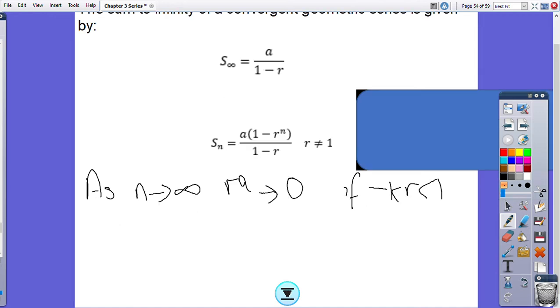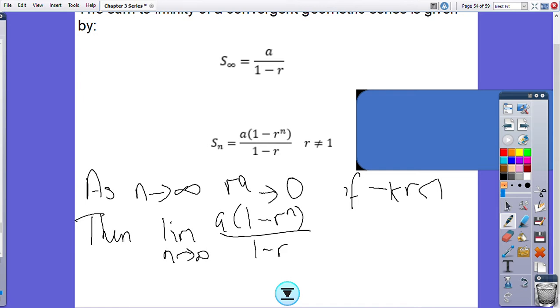So if n tends to infinity, r to the n tends to 0, then what we have is a limit. Remember this from first principles when we had to do differentiation. The limit as n tends to infinity of a bracket 1 minus r to the n over 1 minus r is going to be, well, the r to the n bit there is going to go to 0.